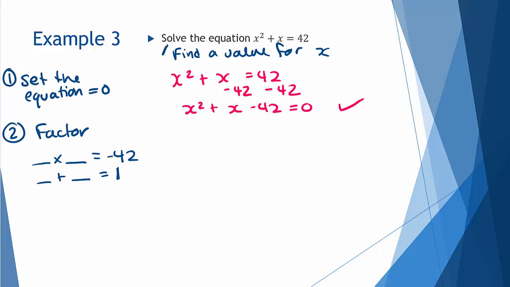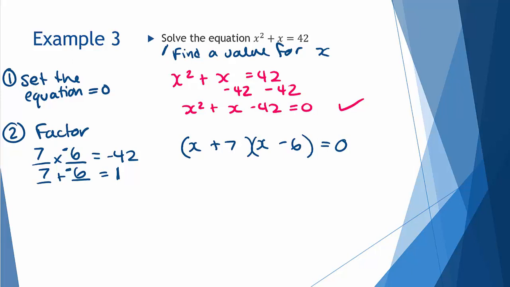So our factors of 42 are 7 and 6, and now we have to determine which one should be positive if we want a positive 1 when we find the sum. So that means I want the bigger number to be positive. So these are our factors. When we break them down into the parentheses, we still need that equal to 0. So we have x at the beginning, and then a positive 7 and a negative 6.